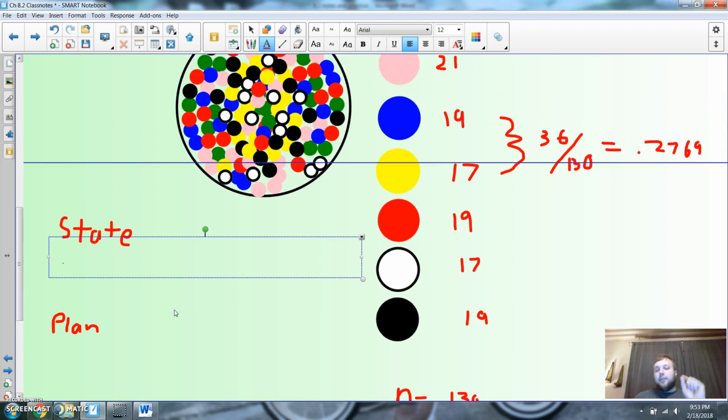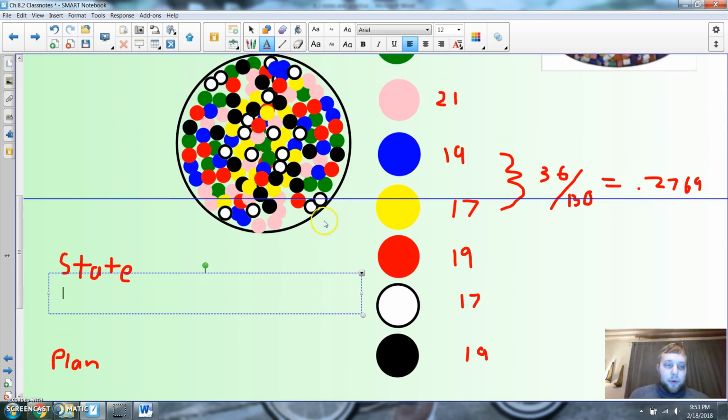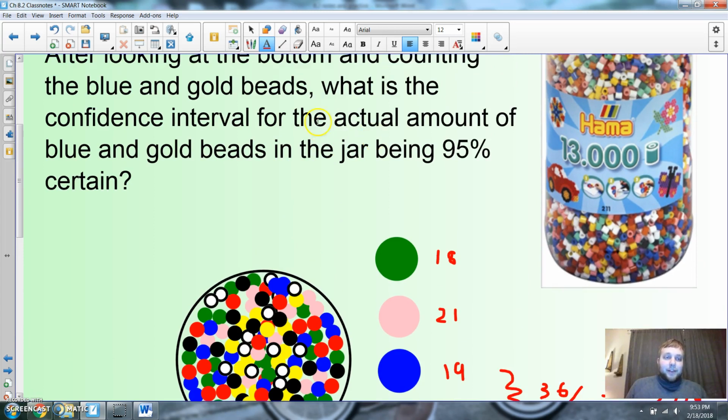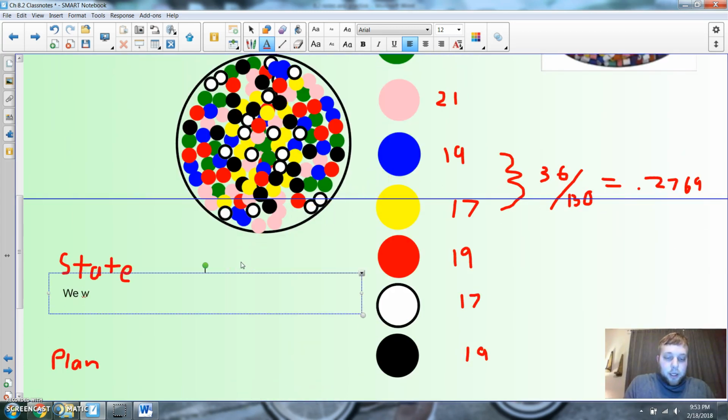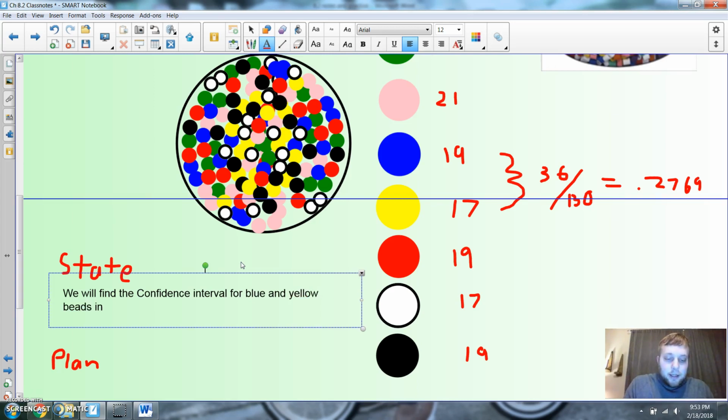Now, when we're doing confidence intervals, this is how it goes, and this is what we need to put for our state. First of all, the statement: what are we actually going to be doing? I like to copy down what the last couple words were. What is the confidence interval for the actual amount of blue and gold beads in the jar? So we will find the confidence interval for blue and yellow beads in the jar.